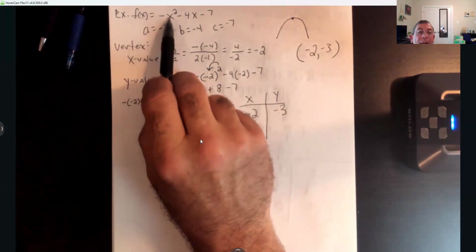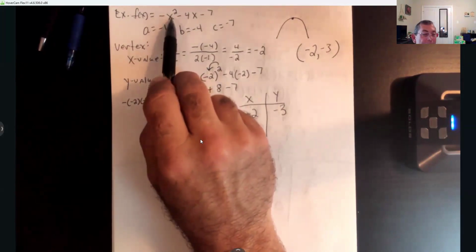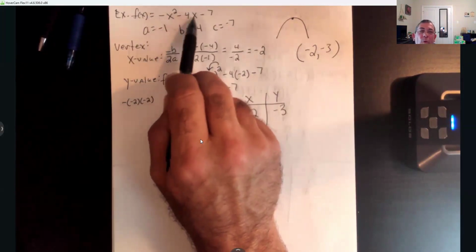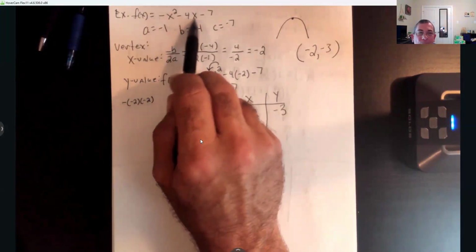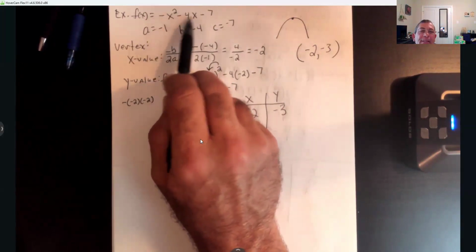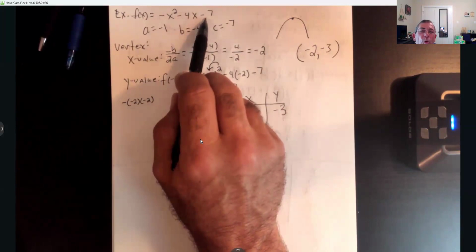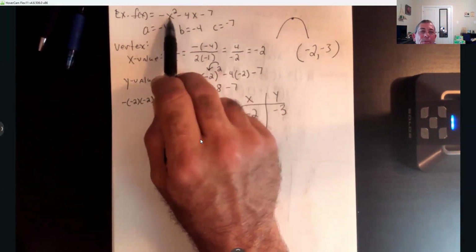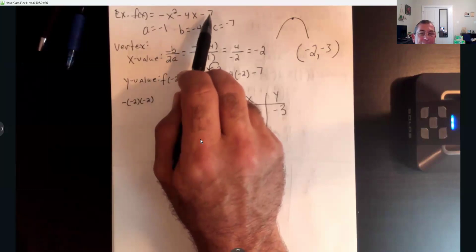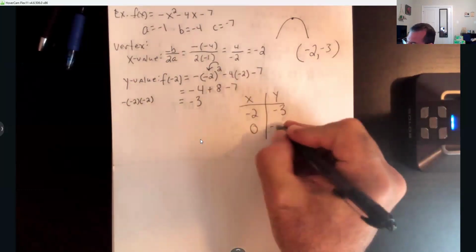Because if you put a 0 into this, 0 squared is 0. So that's a big 0. 0 times 4 is 0. So that's a big 0. So when you put a 0 in for the x's, everything goes away other than the one number by itself. So 0 minus 0 minus 7 equals a -7.